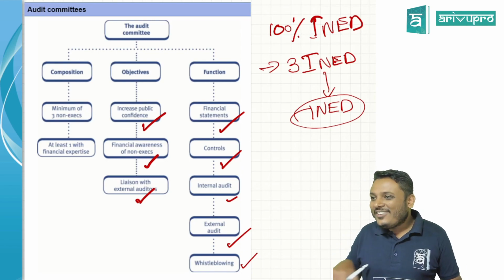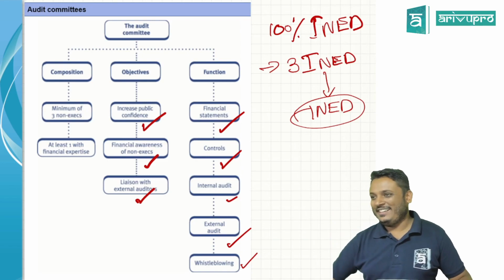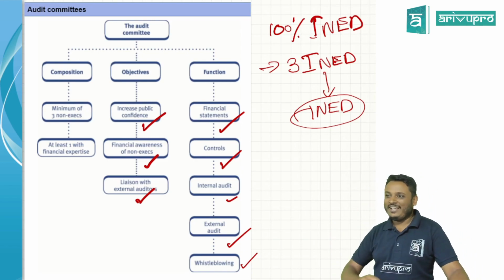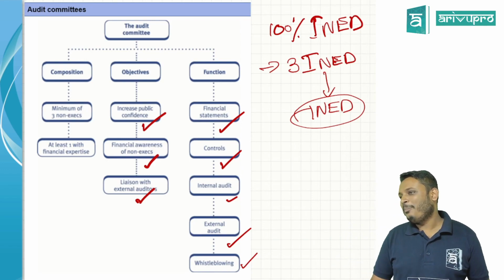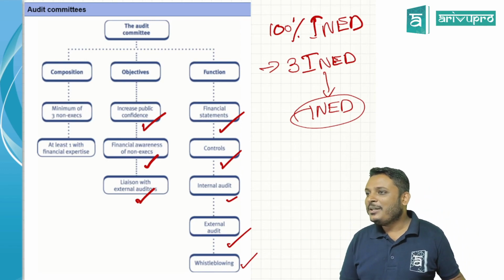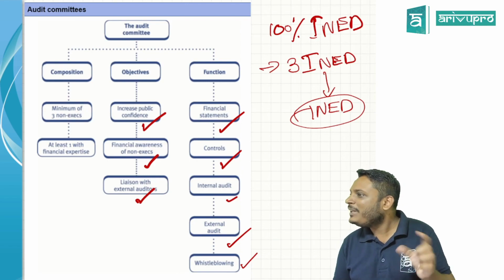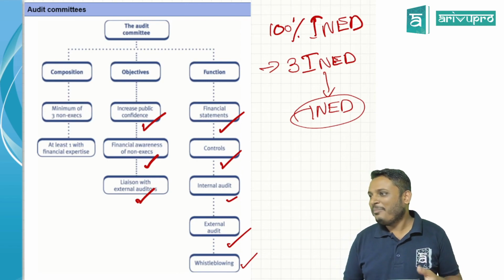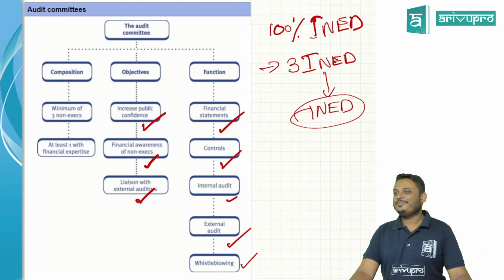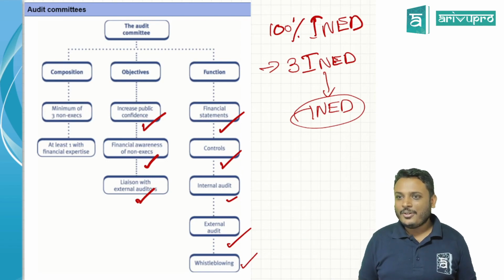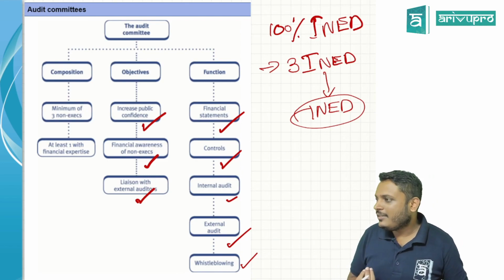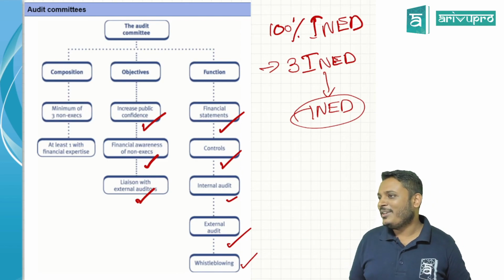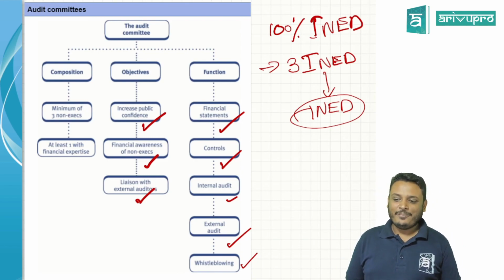So indirectly, I'm telling that this is happening. It's not a formal reporting line. Petition: did you hear the term petition? Petition is a kind of whistleblowing. Understood? So with whistleblowing, ultimately the control culture is improved if there is an audit committee.